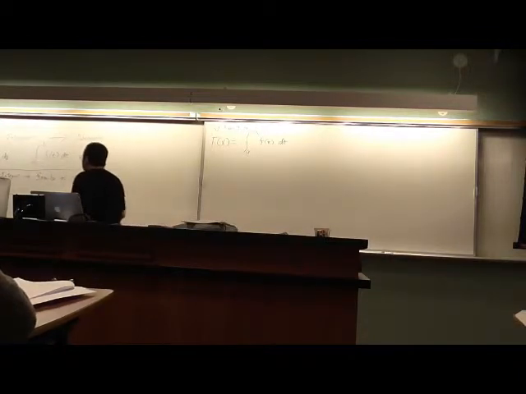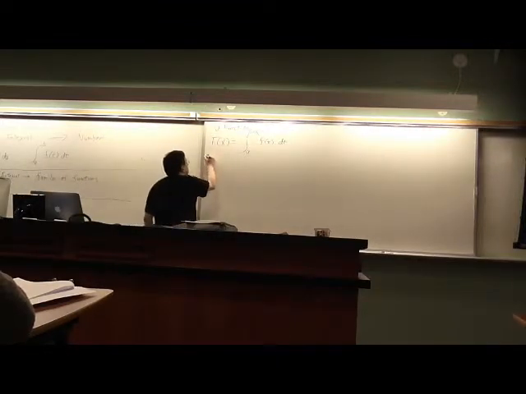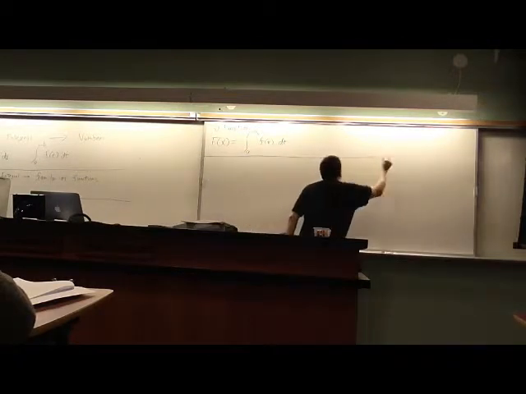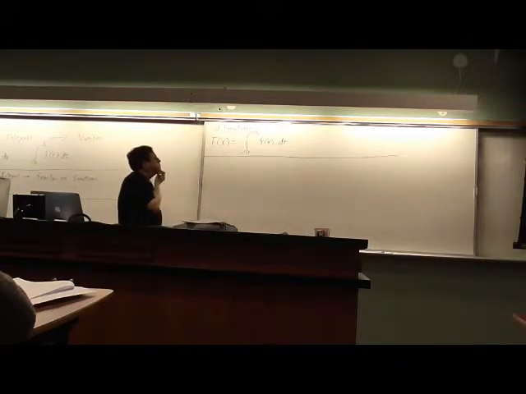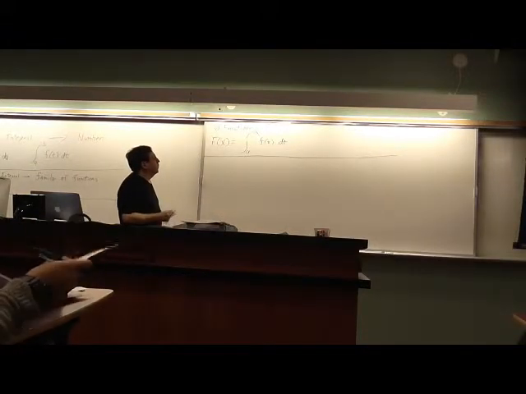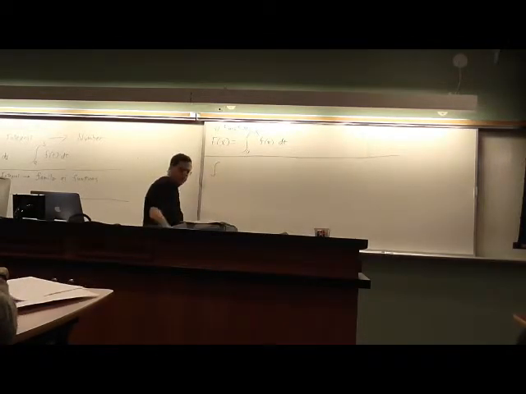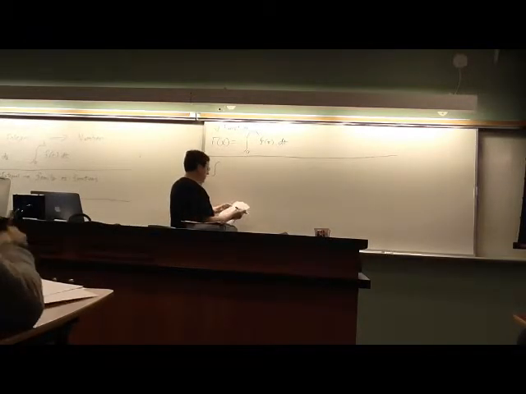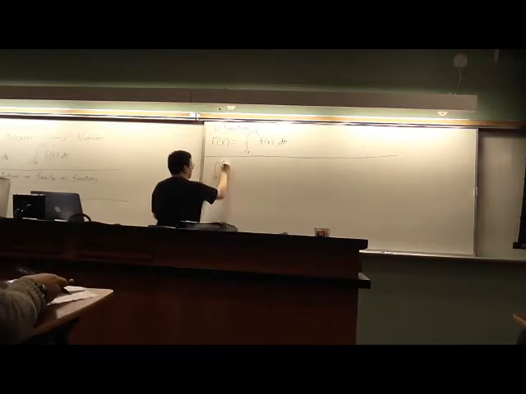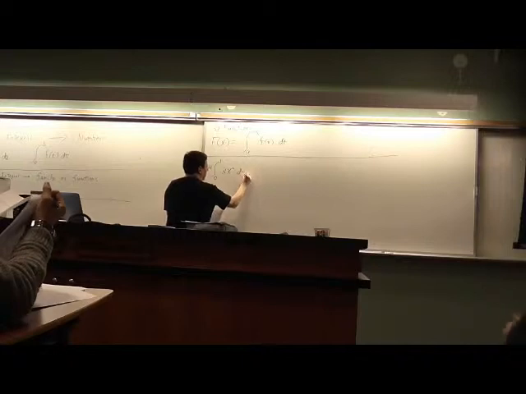I did want to make a side note about the indefinite integral before I go on. Yesterday we were looking at the integral from 0 to 1 of 3x squared dx.